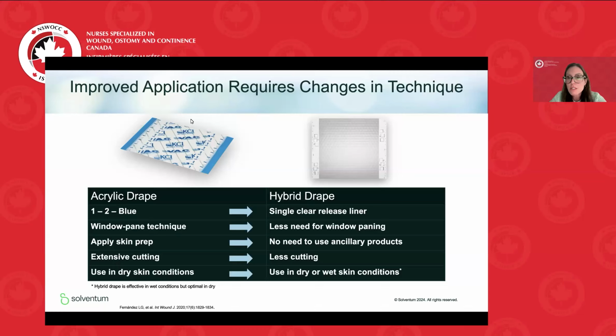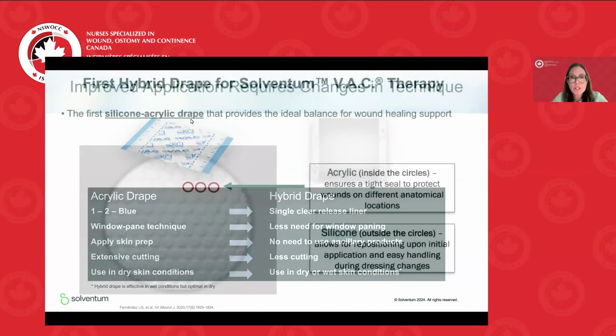It's safe to be against the skin. We are not using skin prep with the ancillary or with the hybrid drape, which we'll talk about. You need to do less cutting, and you can use it in dry or wet skin conditions. So this advancement alone in the drape that we're using is a significant advancement in our ability to optimize the use of negative pressure with our patients.